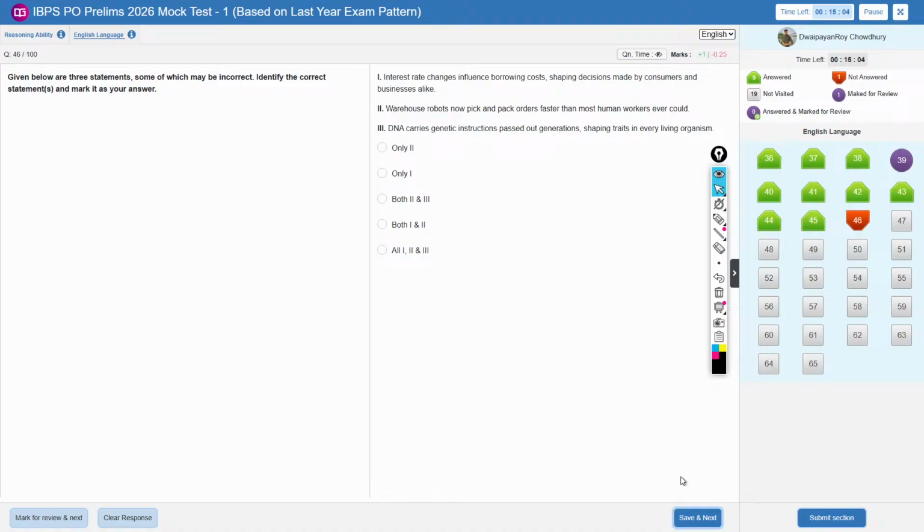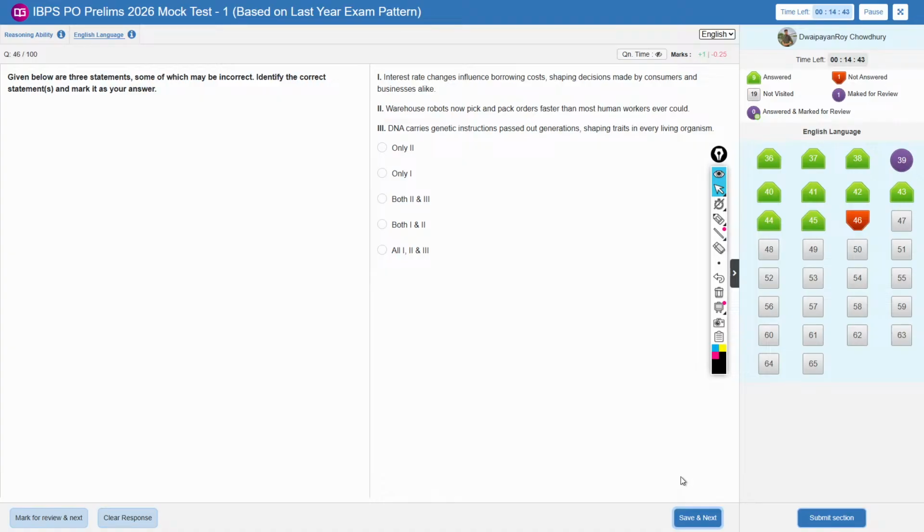If 3 is incorrect, either all of them or okay, robots now pick and pack orders faster than most human workers could ever. Like that, maybe.